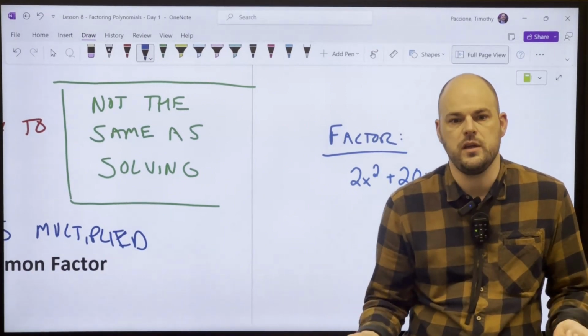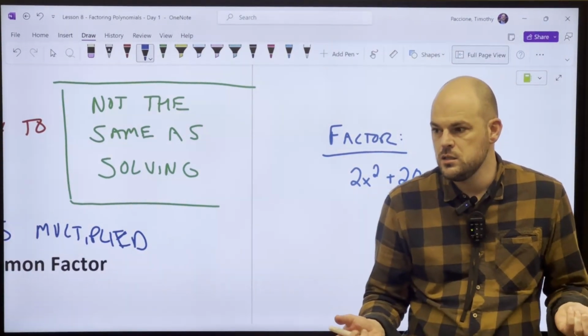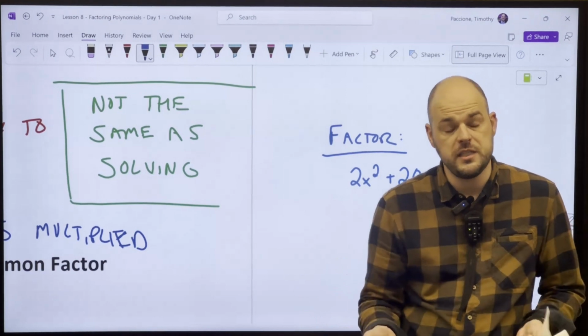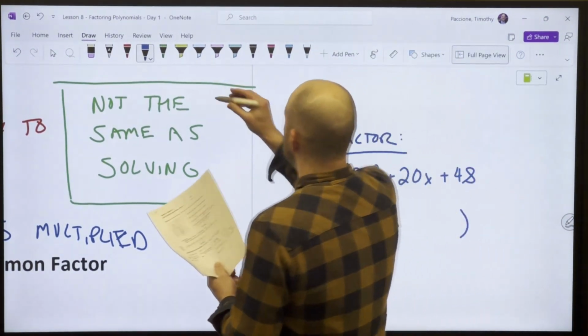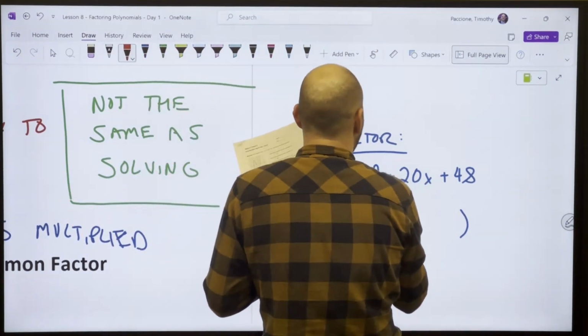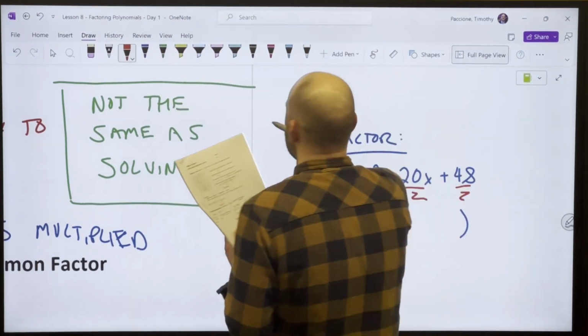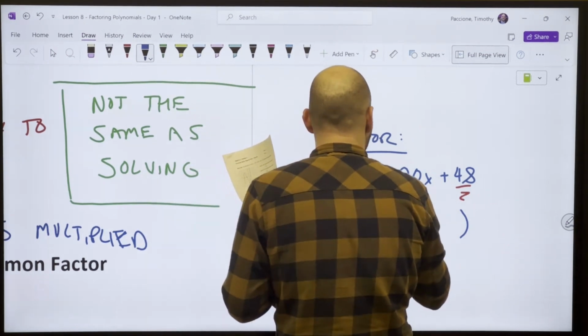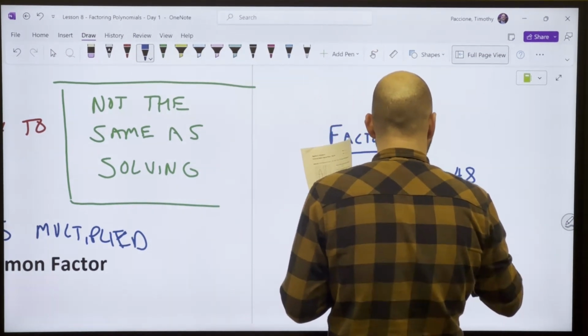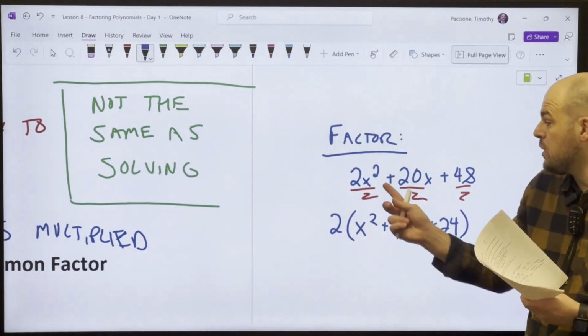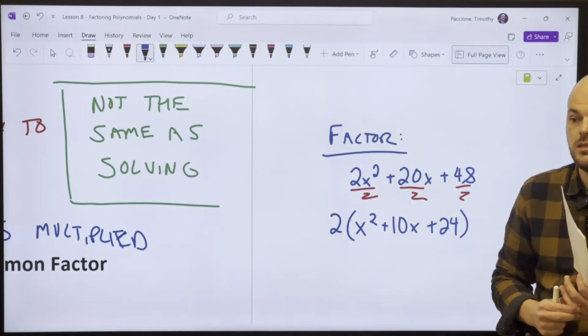2 goes into everything, right? We call that GCF. So I'm going to pull out the GCF first. So I pull a 2 out. It doesn't go away. It just comes out front. Divide by 2, divide by 2, divide by 2. And I would get x squared plus 10x plus 24. Okay, so have I factored this?